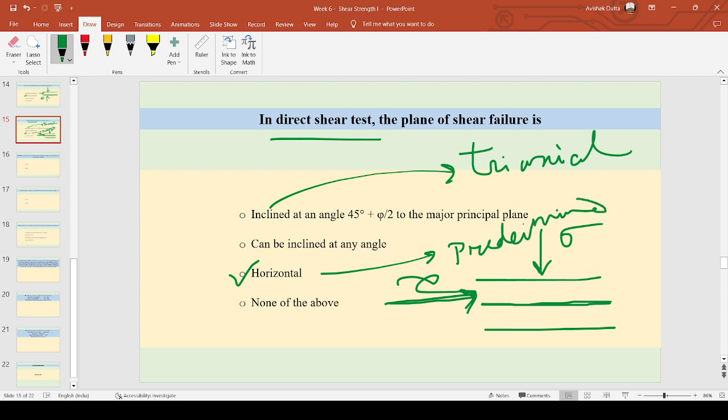Predetermined because we assume the failure plane to be horizontal, and then we perform the test. So, in the case of direct shear test, the failure plane is horizontal and predetermined. I hope it is clear. I'll go to the next question.